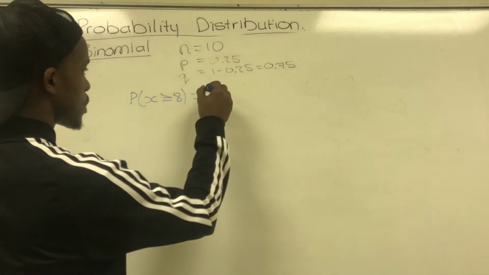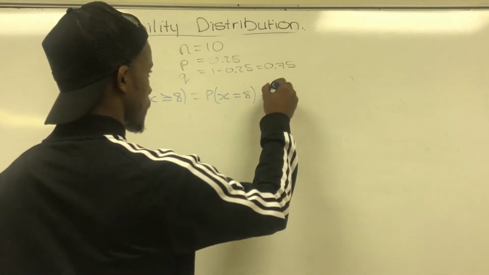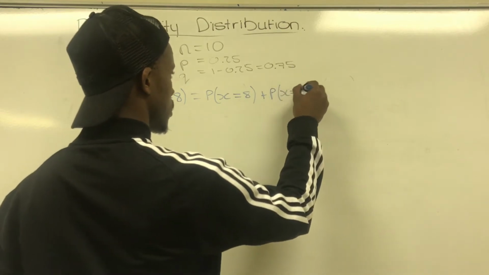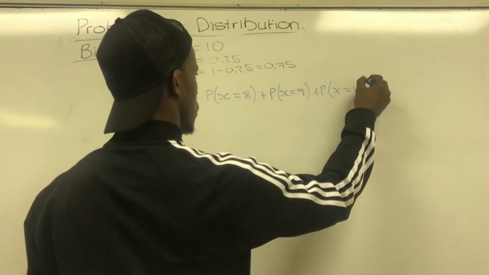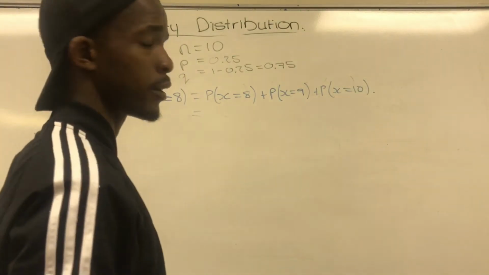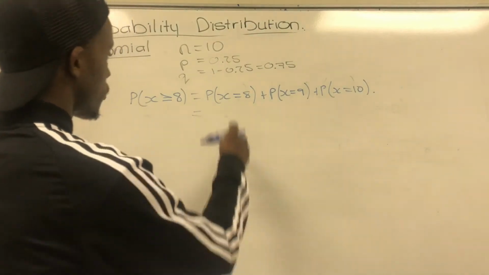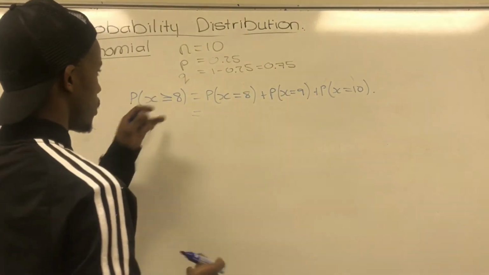So this can be split into all 3 possibilities: 8, 9, and 10. Then for each of them, you apply the same formula you applied for exactly. So you find exactly 8, exactly 9, and exactly 10, and you add them up, and you have at least 8.